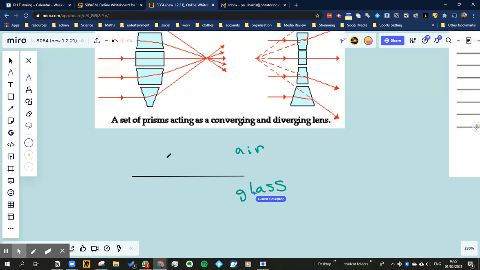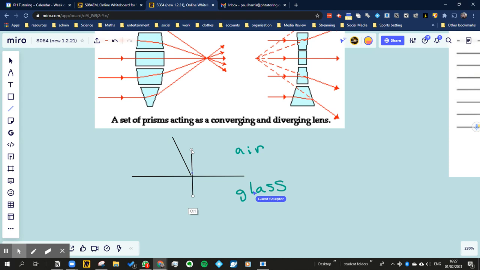So we need to remember what happens when we go from air to glass. That is my ray of light that's incident on the interface between air and glass. And let's also draw the normal.